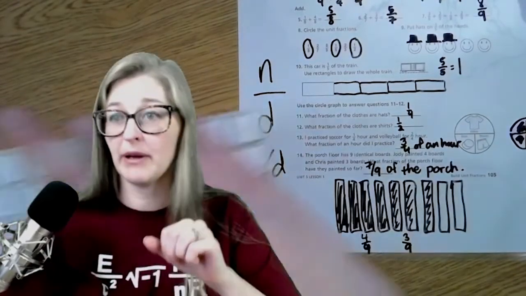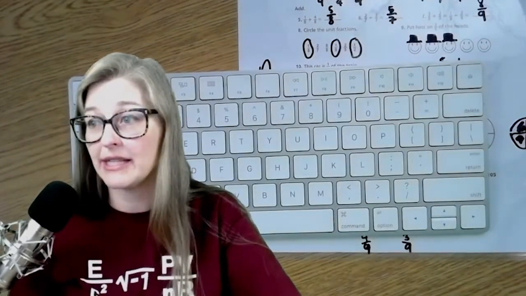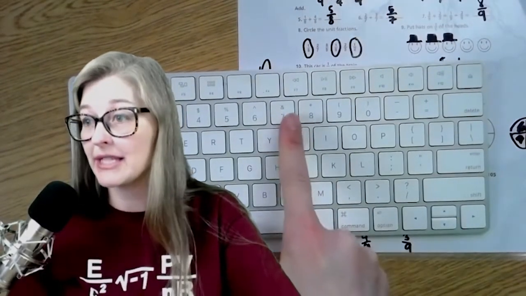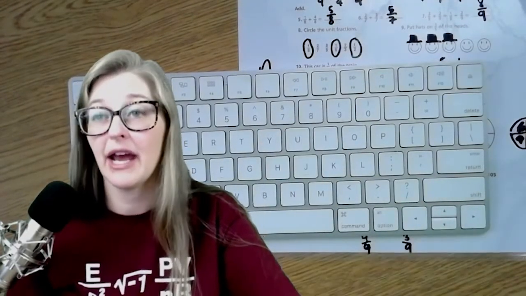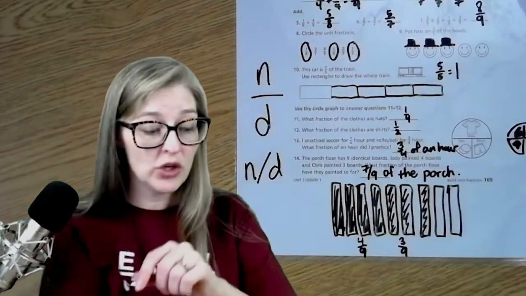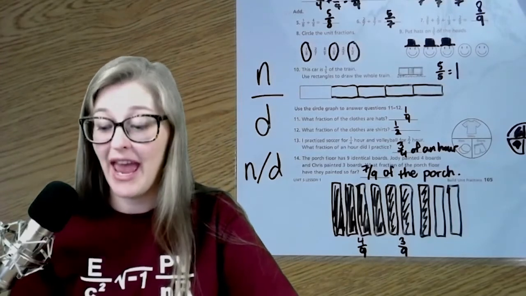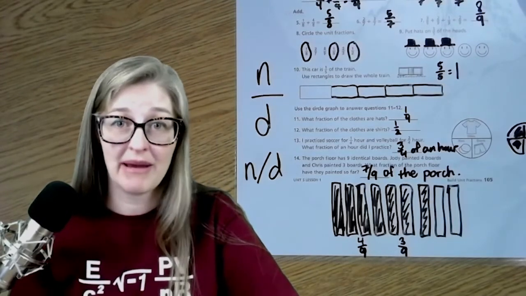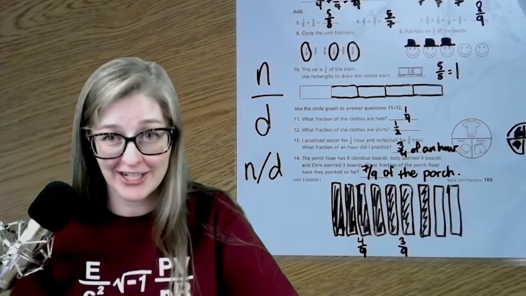So for example, on this keyboard here, this is the backslash line. So I can type in 7 backslash 8, and that would make 7/8. So hopefully you have been able to kind of figure out how to do that with typed answers. And I am not so concerned about whether or not your formatting is perfect. I just want you to focus on the fractions.